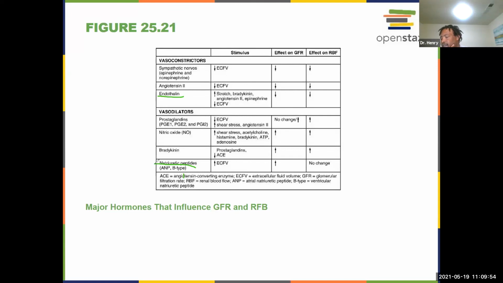So if we have the case of the natriuretic hormones, these guys are basically going to be peptides. They're going to stimulate the kidneys to secrete sodium. And the way that their process works is that these guys actually inhibit aldosterone from being released.